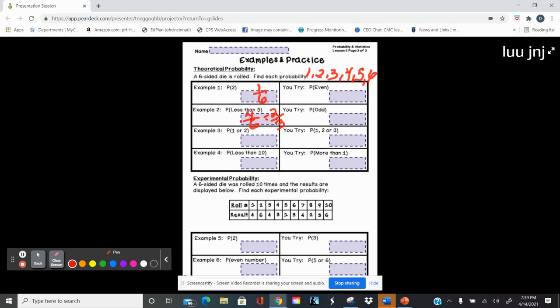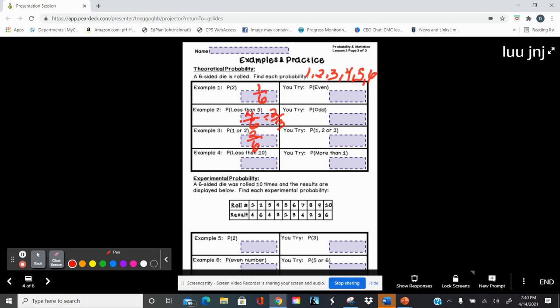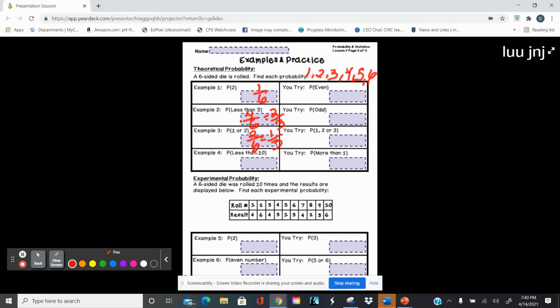In our sample space, we have 1 and we have 2, which gives us 2 favorable outcomes, and we have 6 total outcomes. So that's 2 over 6. Can we simplify it? We can. If you divide 2 by 2, you get 1, and if you divide 6 by 2, again, you get 3. So 1/3 is going to be our probability.